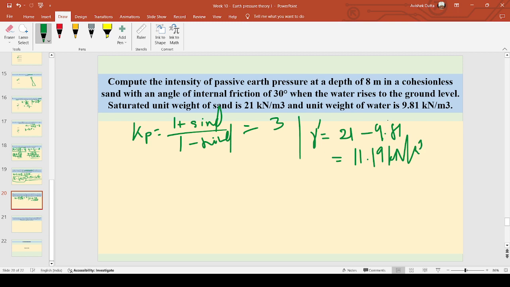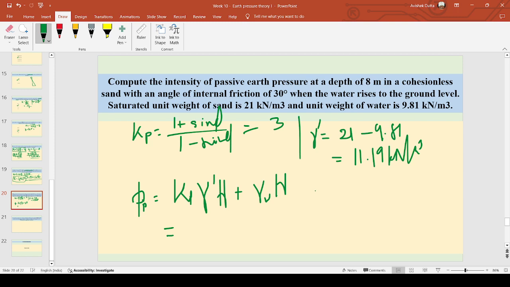Gamma submerged. Now, time for the passive earth pressure. Passive earth pressure will be Kp into gamma submerged H plus gamma W into H, right? Not the saturated part, but the submerged part plus the water. So Kp is 3, gamma submerged is 11.19, H is 8, and gamma W is 9.81.